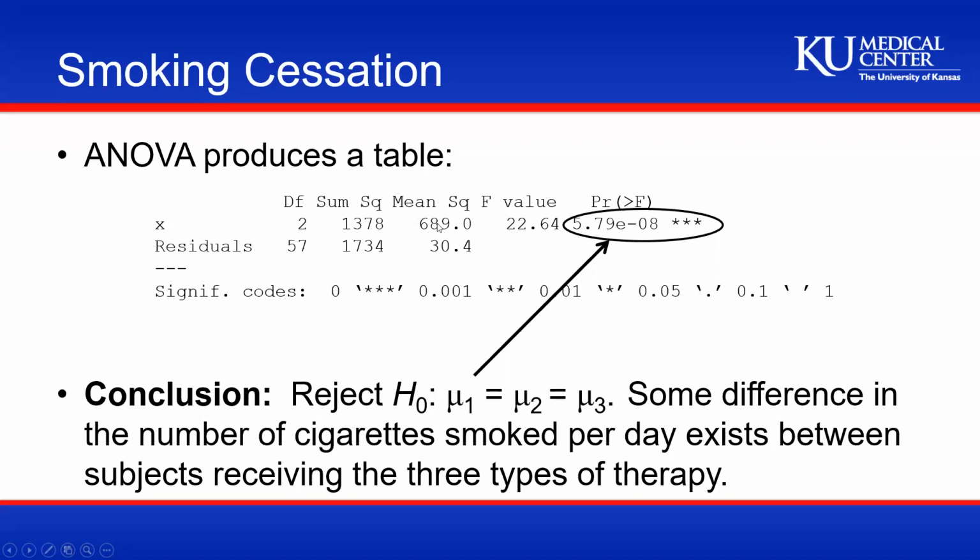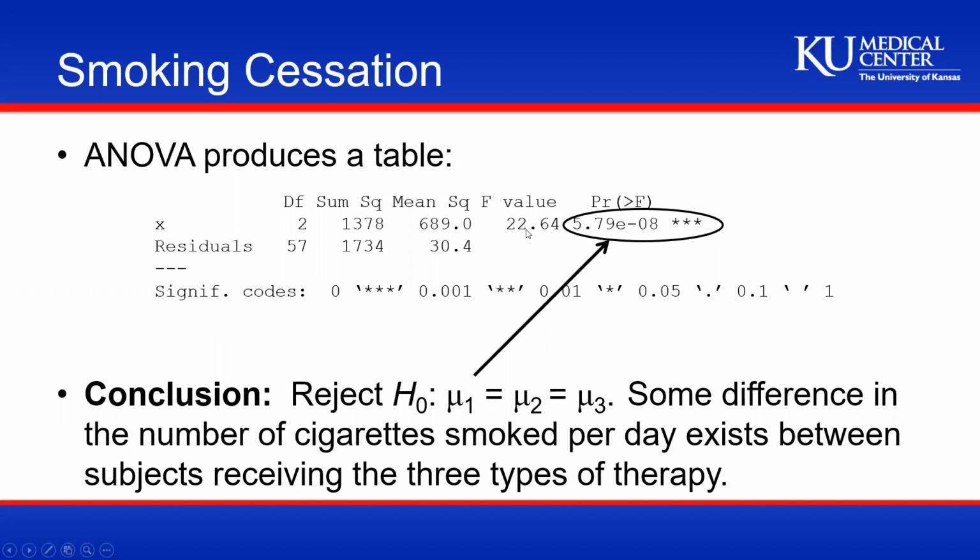But this is the variance between groups. This is the variance within groups. And if we take a look, we can see that the variance between groups is much, much larger than the variance within groups. In fact, I can do a ratio of those two, 689 divided by 30.4, and get 22.64. So how do I interpret the F?